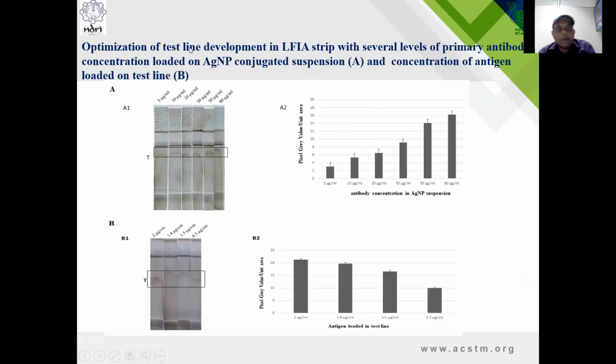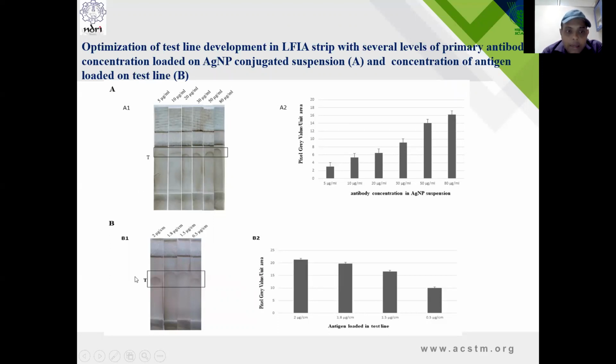So these are some optimizations of the test line developed for the lateral flow strip with several levels of primary antibody concentration, which is loaded on the nanoparticle conjugated suspension. And if you see here, up to 5 microgram per ml of antibody conjugated with the nanoparticle, we are also getting the test line, but to get a better result, we chose 10 microgram per ml of antibody to be conjugated to the nanoparticle.